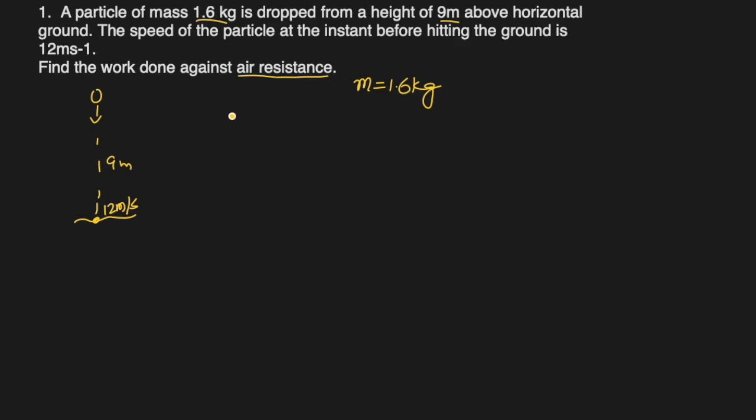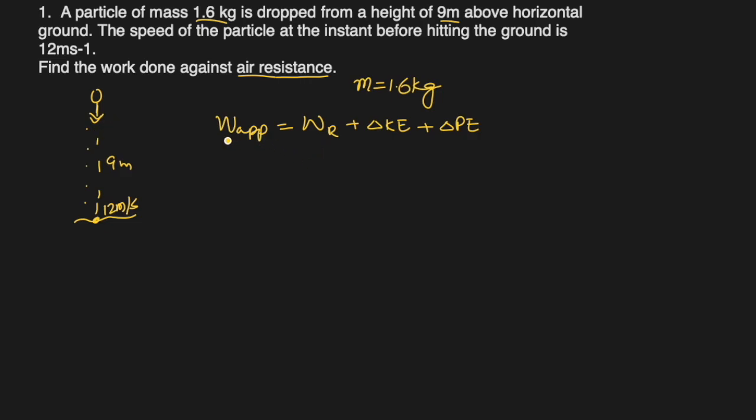Okay, so we'll use the energy equation here, where the work done by the applied force is the sum of the work done by the resistive force plus the change in kinetic energy and the change in potential energy, right? Since it was let go at this moment, there was nothing forcing it down physically except for gravity.